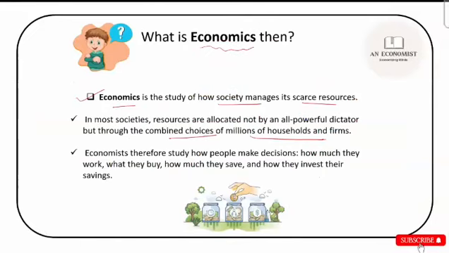Okay, right. The next point says that economists therefore study how people make decisions, how much they work, what they buy, how much they save, and how they invest their savings. So all these aspects come under the purview of economics.